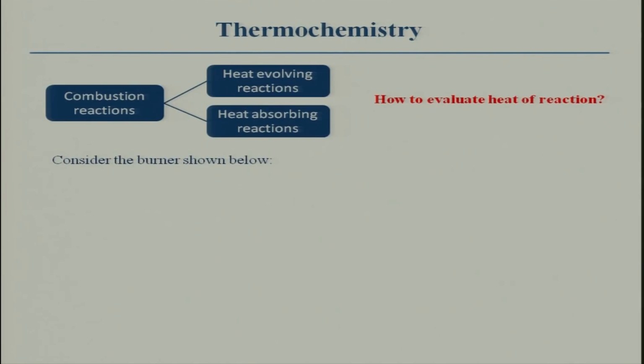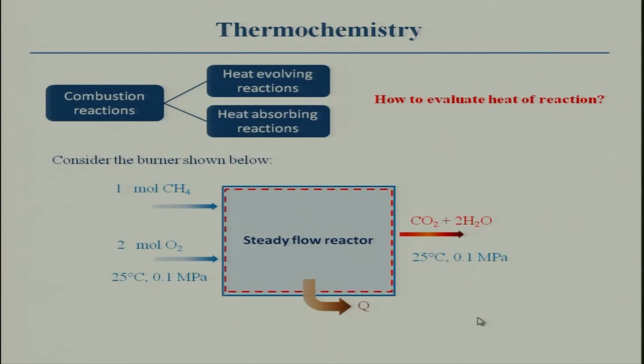Question arises, how will we find out the heat of reaction? Let us look at a burner which I have shown here. 1 mole of methane is reacting with 2 moles of oxidizer. Of course, it goes to the products, 1 mole of carbon dioxide and 2 moles of water, right.